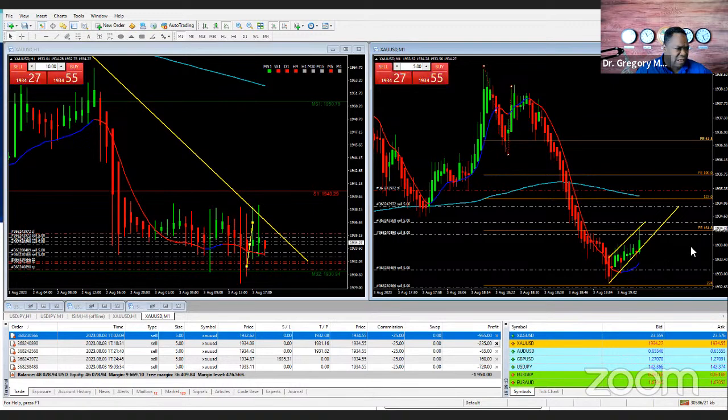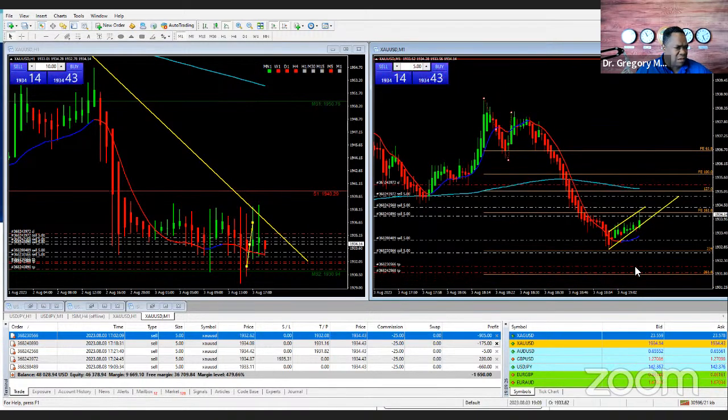Okay, we're getting a little bit of spike action there. And there's a 2.618 expansion target there.